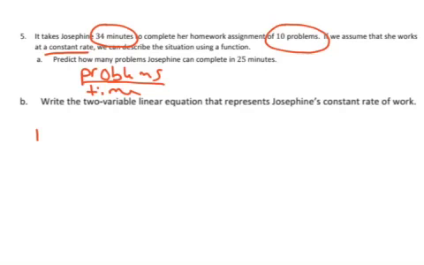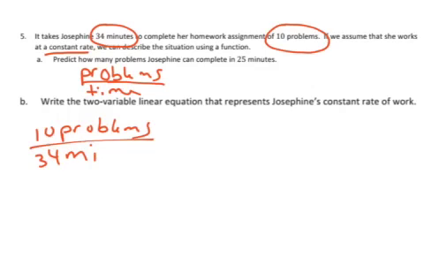So I would have 10 problems in 34 minutes. This right here, my friends, is your constant rate. And if it doesn't divide nicely, just leave it in fraction form. So 10 over 34 is my rate.